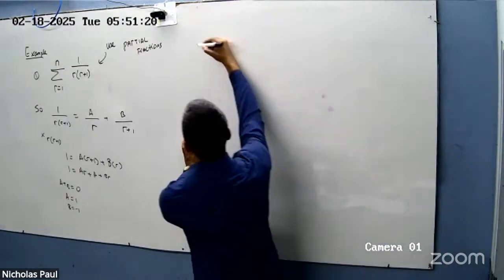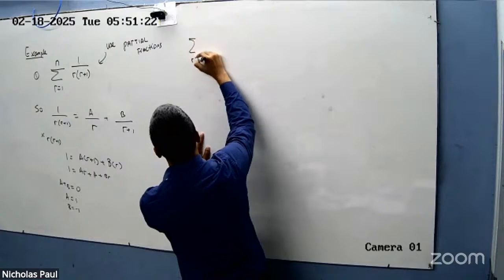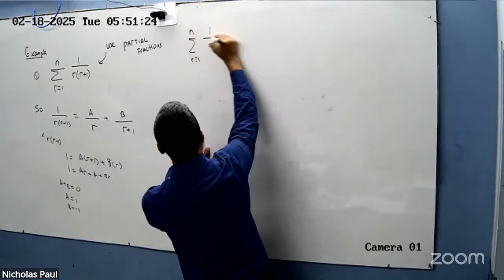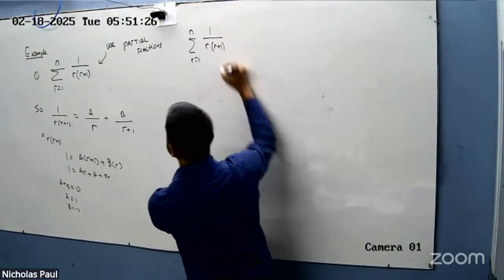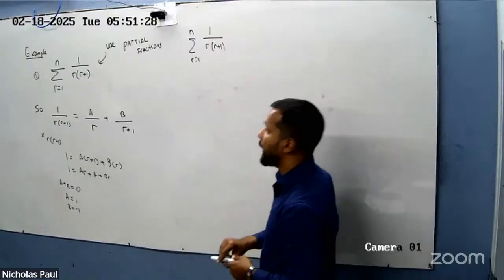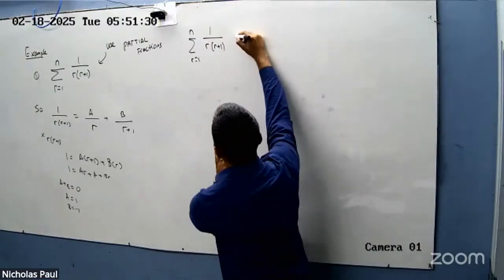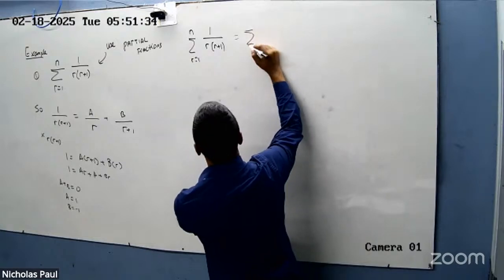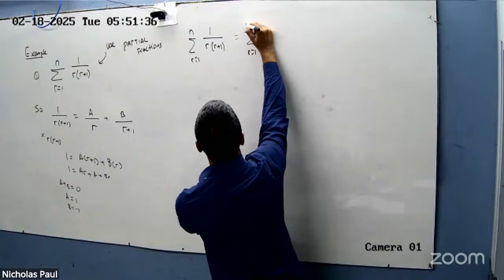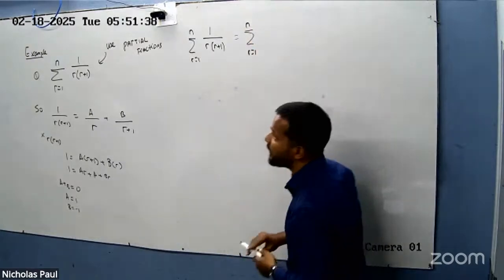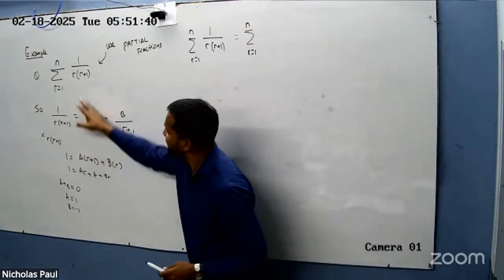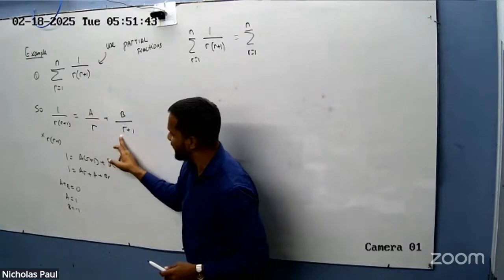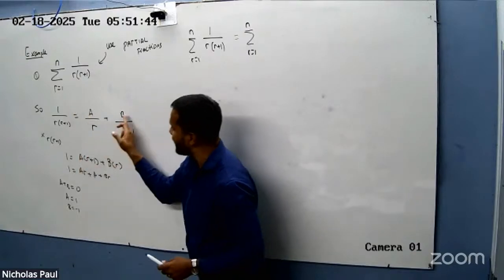So what do we end up with? We end up with the summation of r going from 1 to n. This here could be written as this by using A is 1 and B is minus 1.